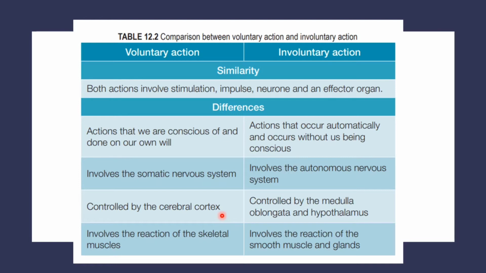For involuntary action, it is controlled by the medulla oblongata and hypothalamus. And lastly, voluntary action involves the reaction of the skeletal muscles, whereas involuntary action involves the reaction of the smooth muscle and glands.